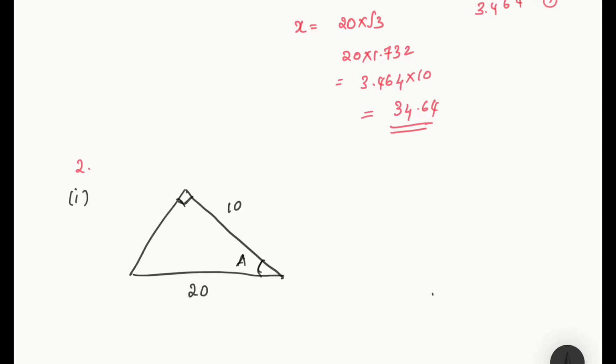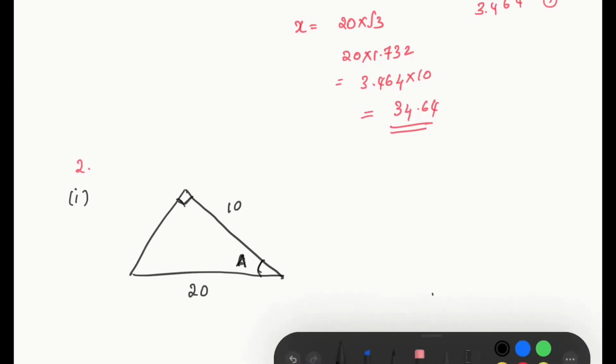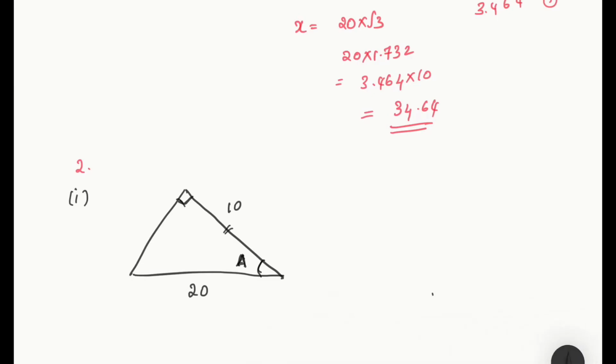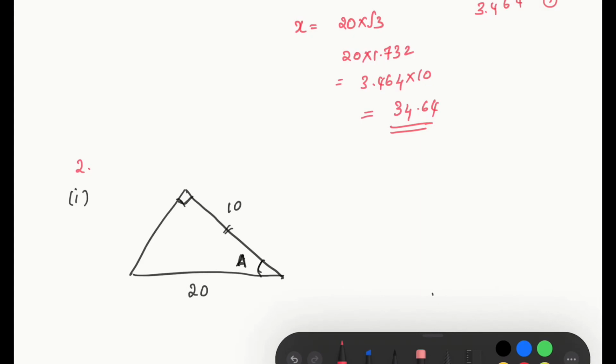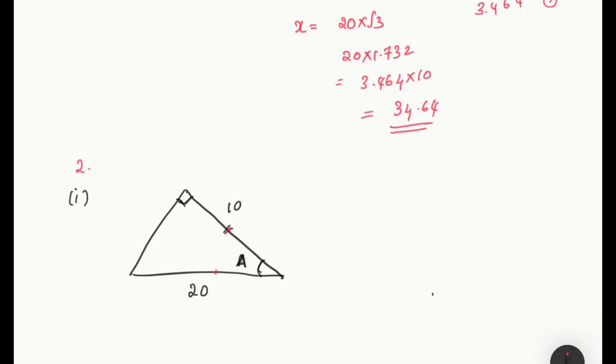Again, for this angle A, this will be the base, and this will be the hypotenuse. So which is the ratio related to base and hypotenuse? That is cos. So cos A equals base by hypotenuse.